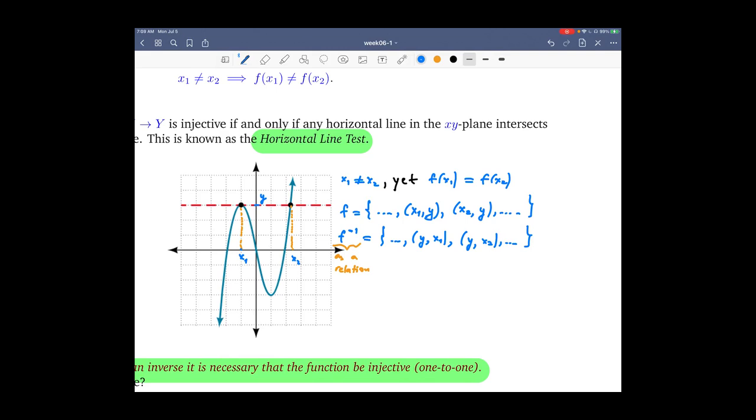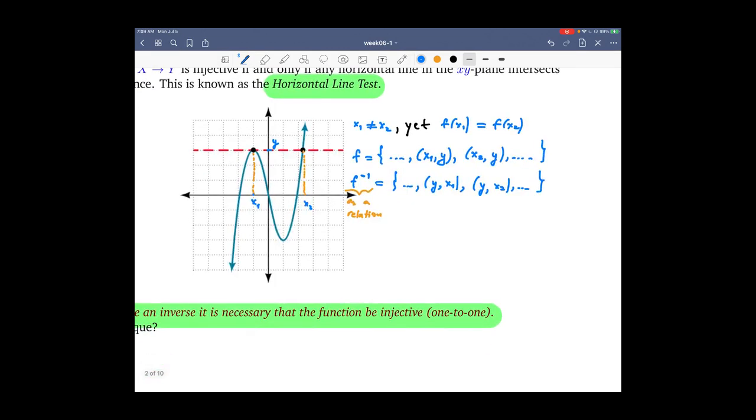But now we see immediately this is not a function because we have 2 pairs sharing the same first coordinate but different second coordinates.